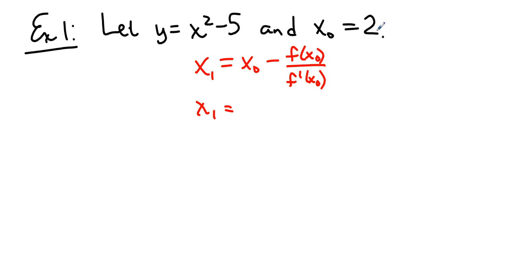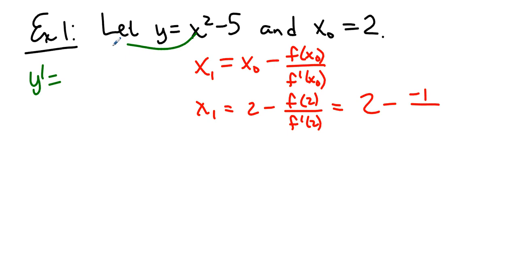So x1 is 2 minus f of 2 over f prime of 2. F of 2, that's -1. F prime of 2, we didn't even find f prime of 2 yet. 2x? That makes sense. So f prime of 2, that's 4. So this number is 2.25.